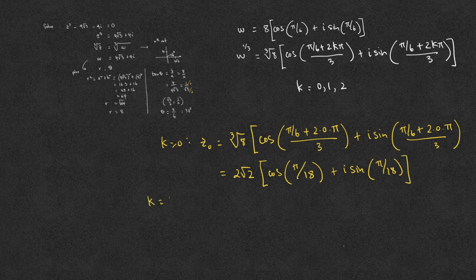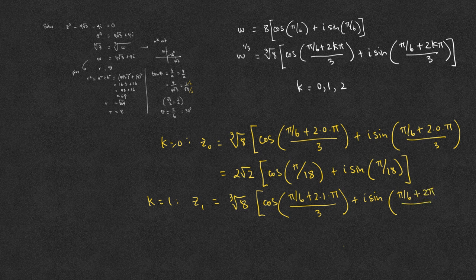When k equals 1, the second solution z sub 1 is the cube root of 8 times the quantity cosine of pi over 6 plus 2 times 1 times pi over 3 plus i sine of pi over 6 plus 2 pi over 3.